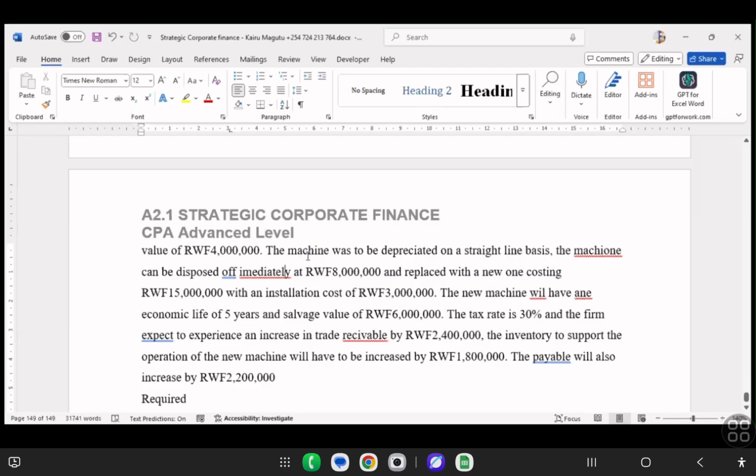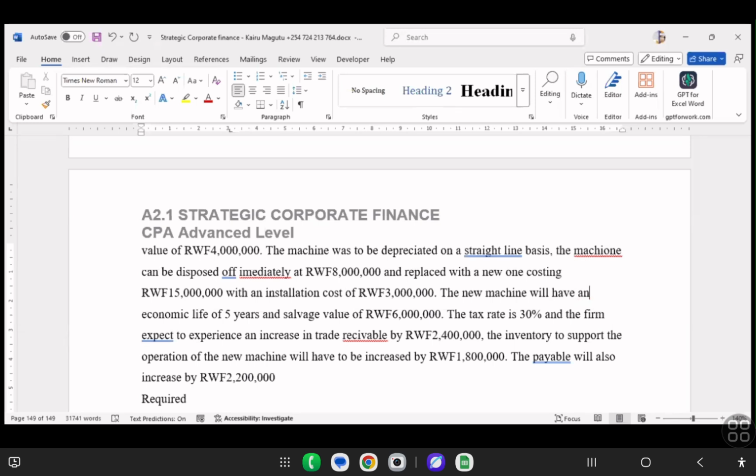With a new one costing 15 million, with an installation cost of 3 million, the new machine will have an economic life of 5 years and a salvage value of Rwandan francs 6 million.